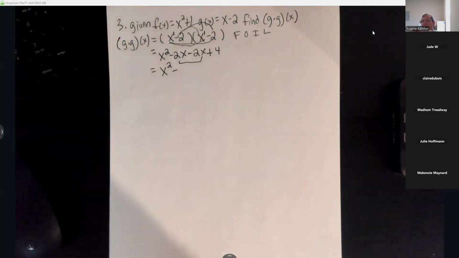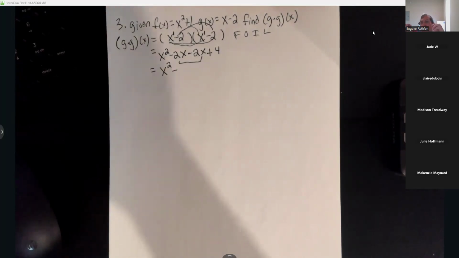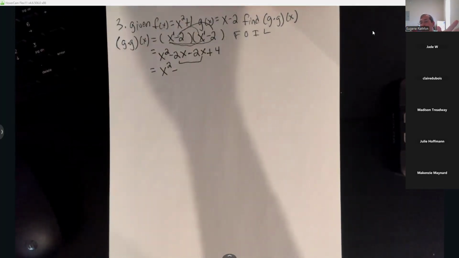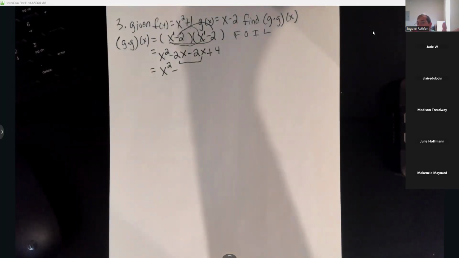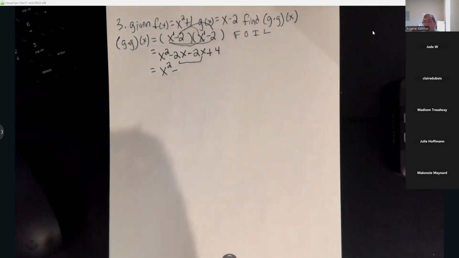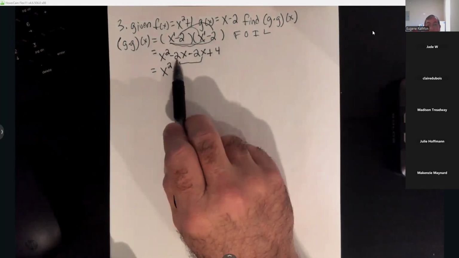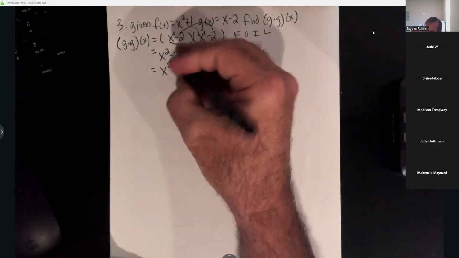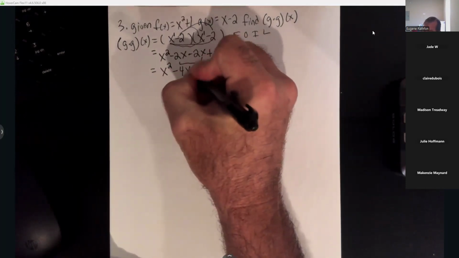That's another place where people mess up. When we multiply two negatives or even divide two negatives, that gives us a positive. But that does not apply to adding. When you add a negative to another negative, it's still negative. So y'all, negative 2 and negative 2 would give me a negative 4x.